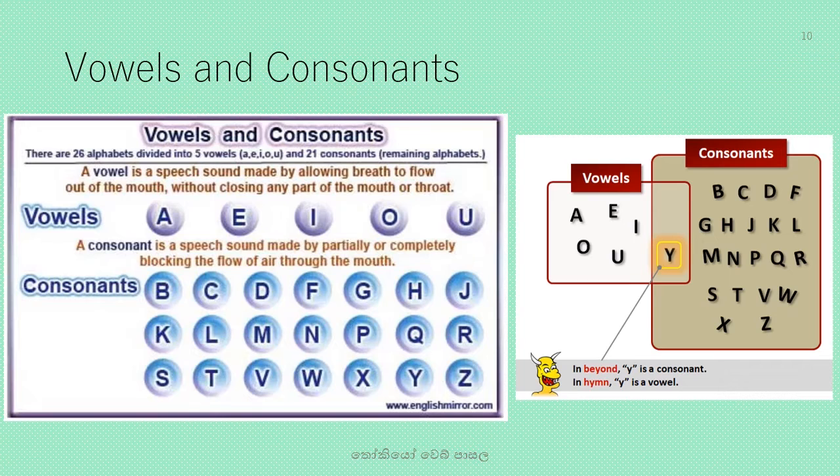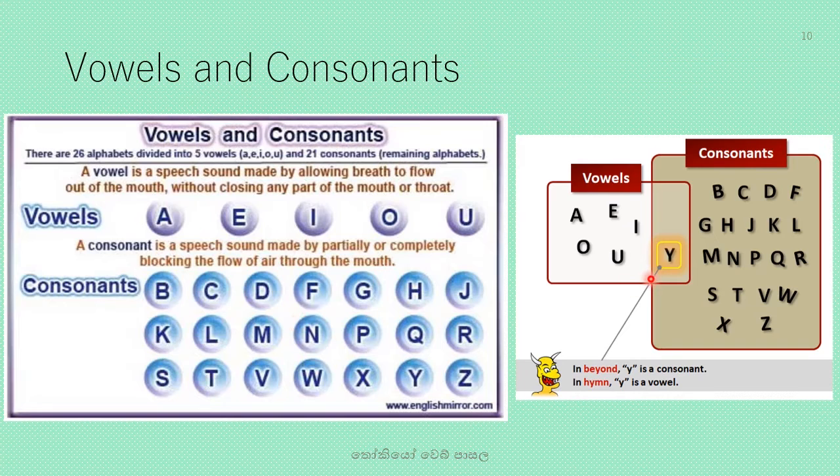When we say C, our teeth block the breath. D. Likewise, when we are pronouncing these consonants, we will be blocking either partially or completely the flow of our breath.